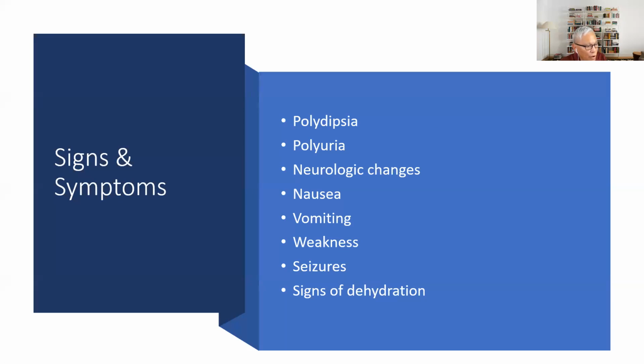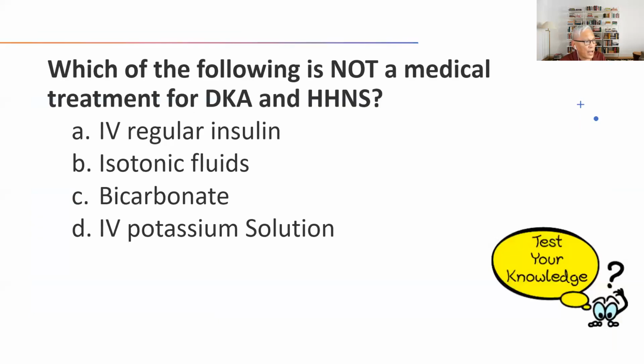You will also have nausea, vomiting, weakness, seizures, and other signs of dehydration, such as dry skin, dry mucous membranes, hypovolemia, or hypotension. So these are some more of the signs and symptoms associated with HHS.